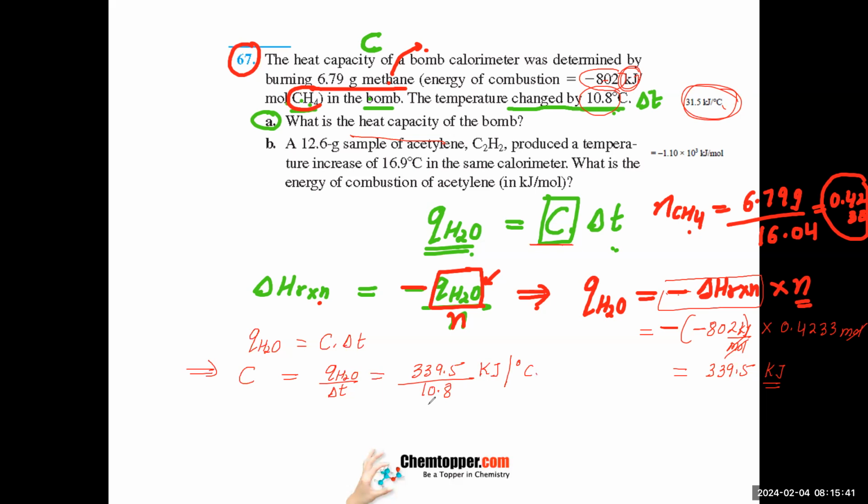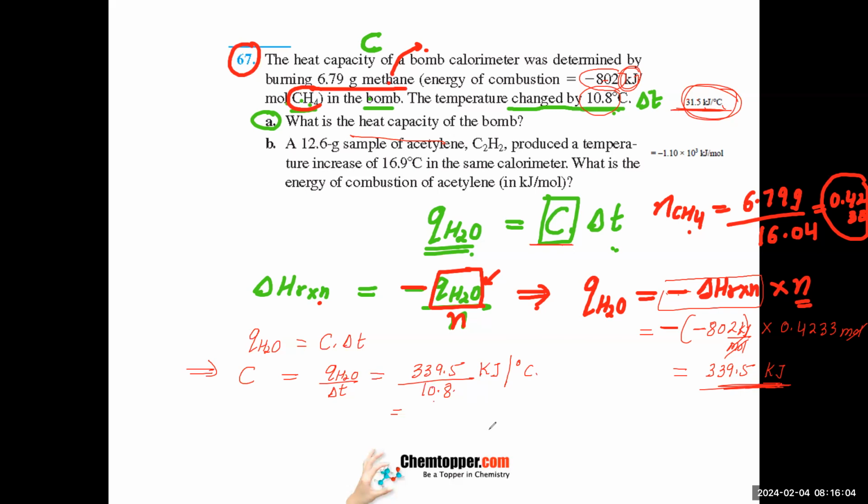Final answer should be... We'll work with the final one. I'm not going to correct my sig figs here. I'll keep in mind that this should be 3 sig figs, but I will do the approximation in the final only. So this answer, you can see, is 3 sig figs, 31.5, right?